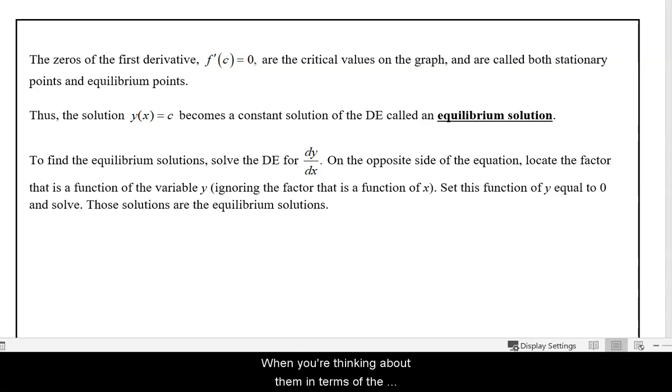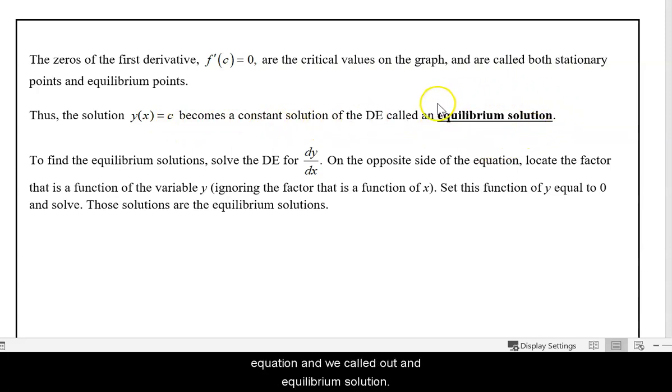When you're thinking about them in terms of a differential equations class, these are called both stationary points and equilibrium points. Why is that the case? Well, if the derivative at that point is 0, then the solution y equal to that constant becomes a constant solution of the differential equation.